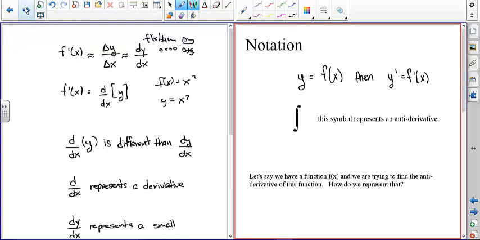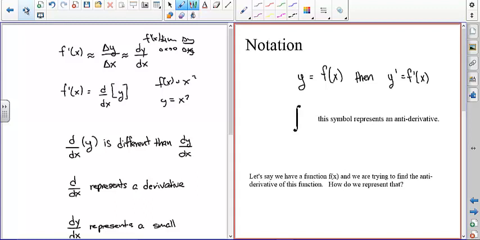Okay, so now something new. When we do the antiderivative, to represent the antiderivative, we use this symbol right here. So just like the prime means that we take the derivative, the integral, we call this the integral sign.